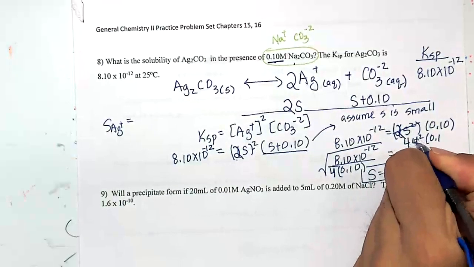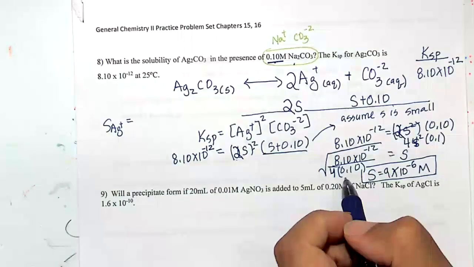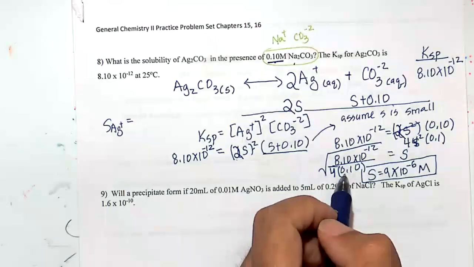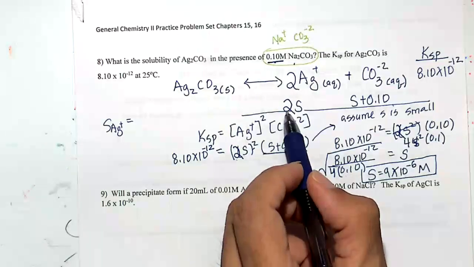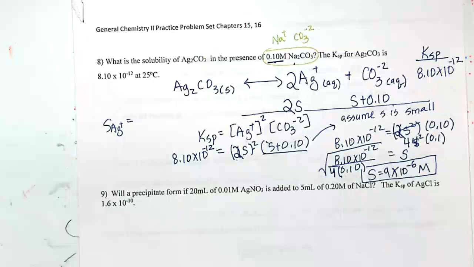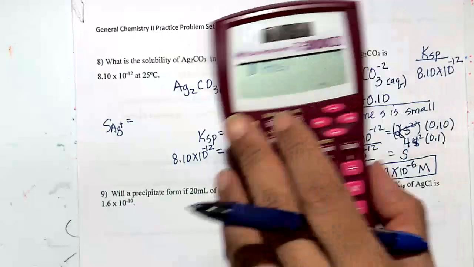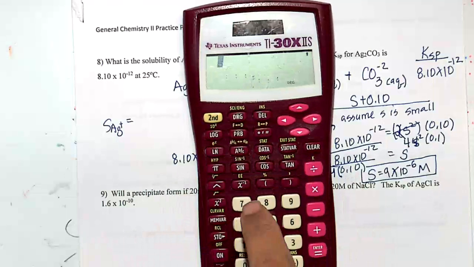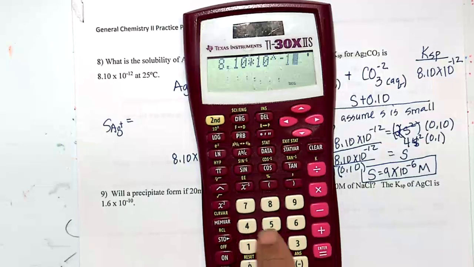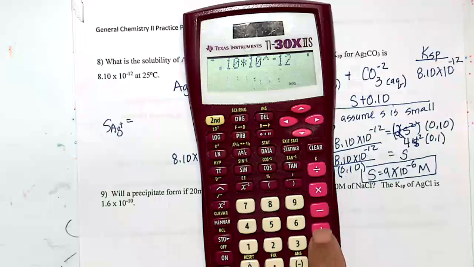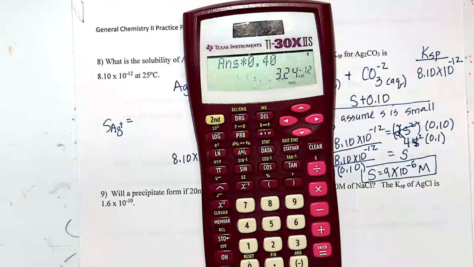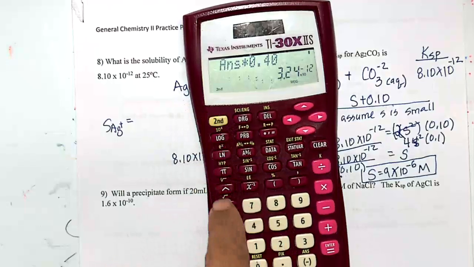Anyways, it's actually 8.1 times 10 to the minus 12 divided by 2 squared. So this is 4S squared, so it becomes divided by 0.4. We'll do this again on Friday. Divided by 0.4, and then square root of that.